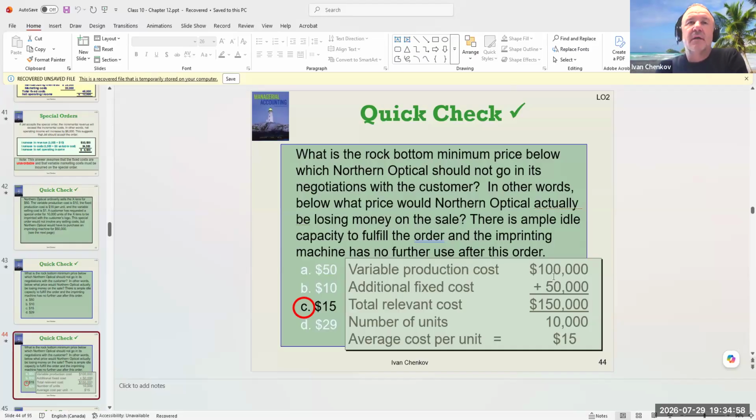The other option is, since the variable cost is given per unit, convert the cost of the machine, $50,000 divided by 10,000, to per unit, how much we have to spread per unit, and that is going to be $5 per unit, total $15.